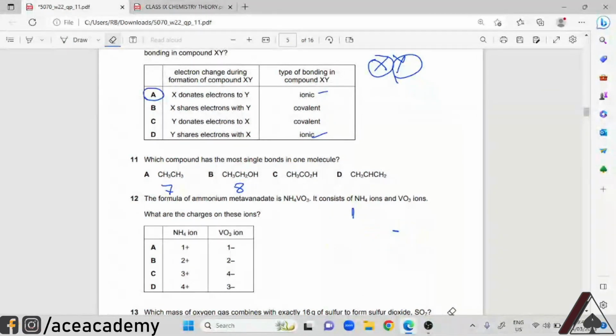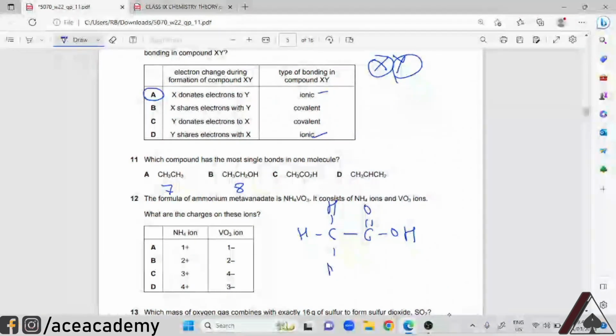And for option C, we can see that carbon has these 3 hydrogens and then, yeah, so this is the structure and we can see that it has 5 single bonds.